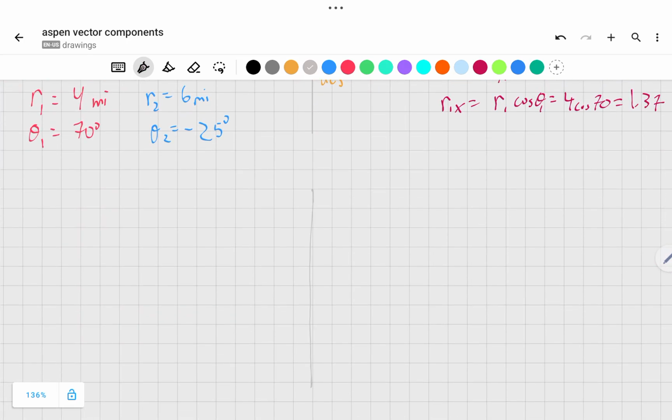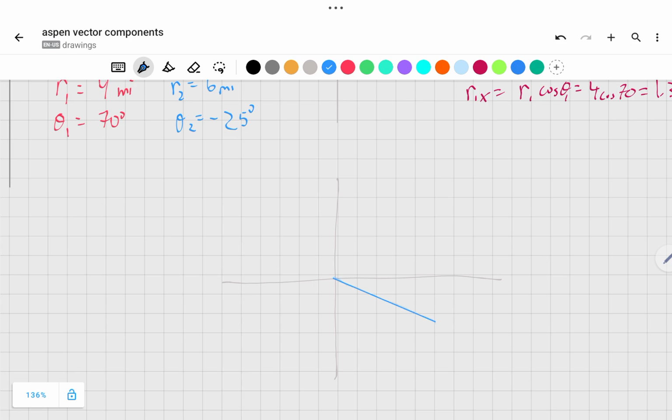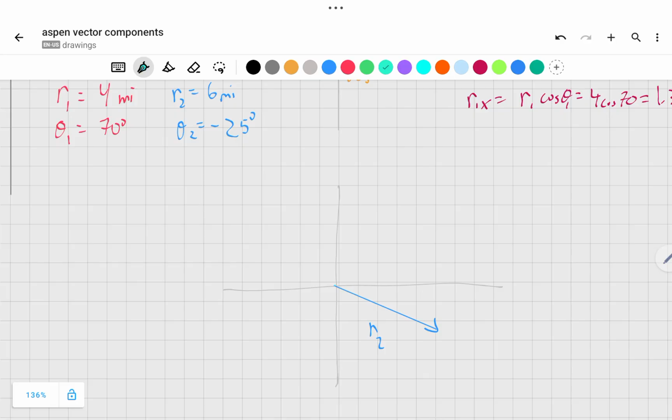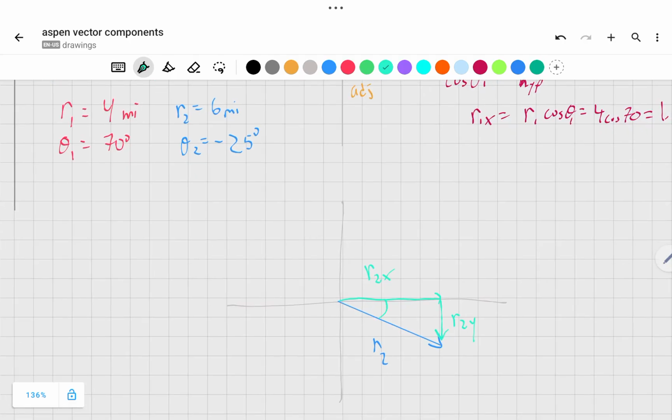I'm going to go fast here because my picture isn't that important, but I'm going to draw it like this. This is R2, and I'm going to have R2 in the x, R2 in the y, and an angle in there, which I'll call theta 2.